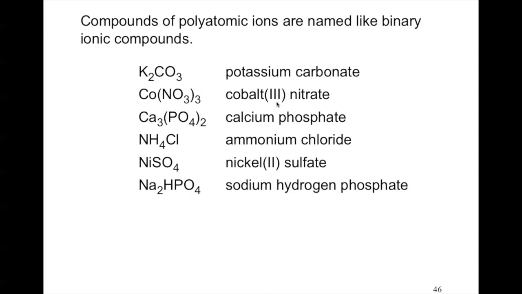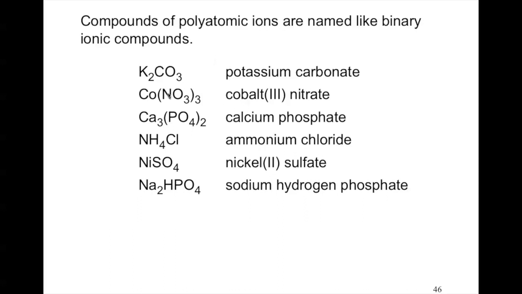Cobalt-3 nitrate, same thing. We have all the information that we need here. Nitrate, you just have to remember, has the formula NO3 with a -1 charge. Cobalt, given here, is a +3 ion, and so we recognize we need 3 nitrate molecular ions to counterbalance the +3 charge for cobalt.